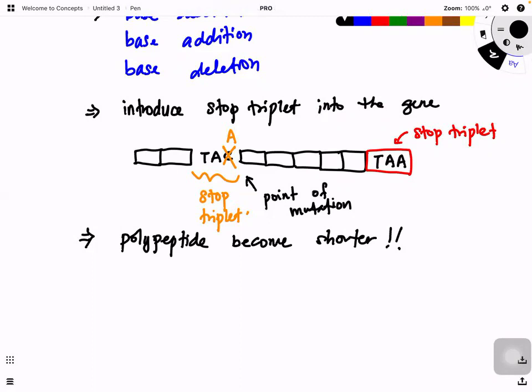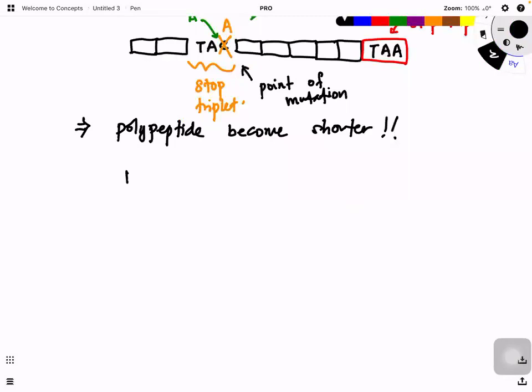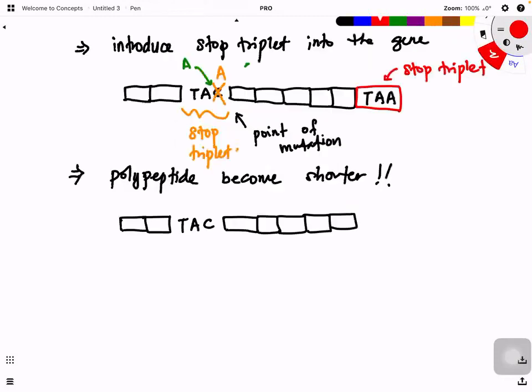Or, just now I said that you may add an A here. Can you see that? Or you may delete the C. Let's say for example, TAC triplets. What happened here is we add A here. So this is a base addition.